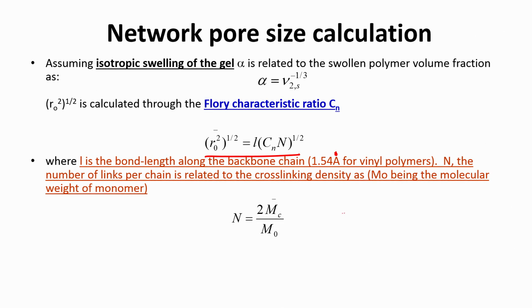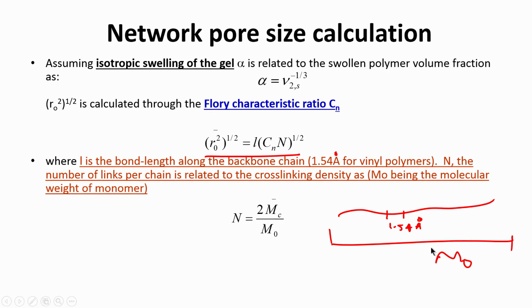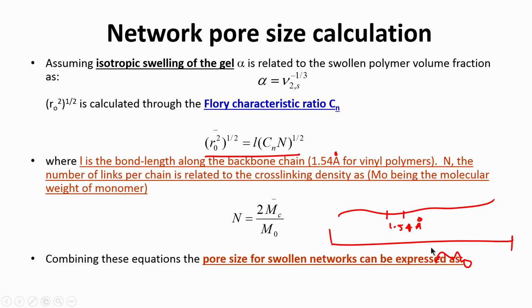Essentially, if this is the chain, and each bond along the backbone is, let us say, 1.54 Angstrom for vinyl polymers, and n is the number of links per chain, how many such links are there? Then we can define n as 2 Mc by M0, where M0 is the molecular weight of the repeating unit.